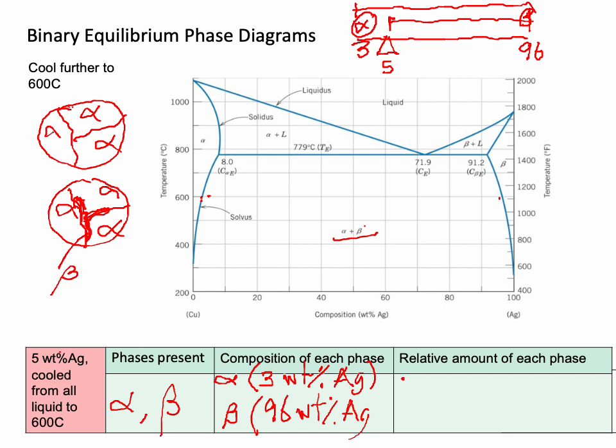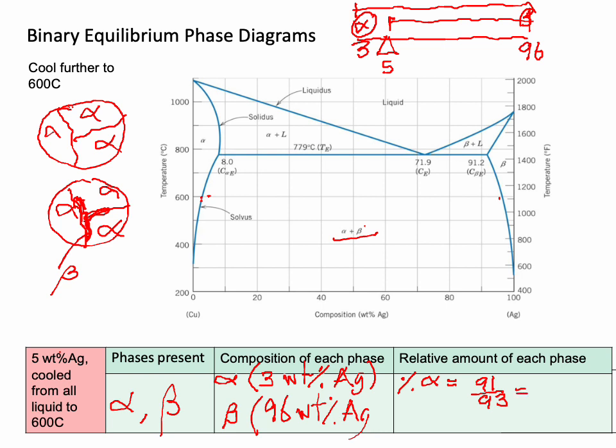So the percent alpha is equal to 96 minus 5, which would be 91, over 96 minus 3, 93.